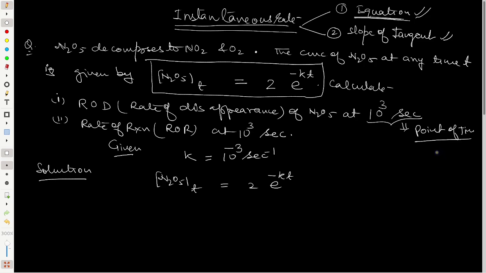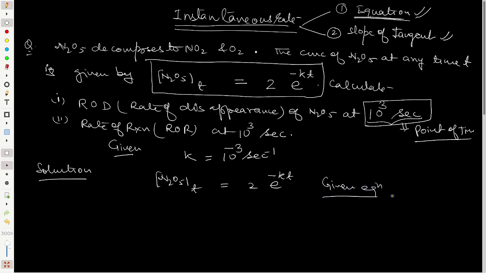This is not the question of the average rate, this is the question of the instantaneous rate. How do we decide that? Time interval, time period is not given; exact time is given, pinpoint time is given. Since exact time is given, we can say we have to calculate the instantaneous rate. This is the given equation.